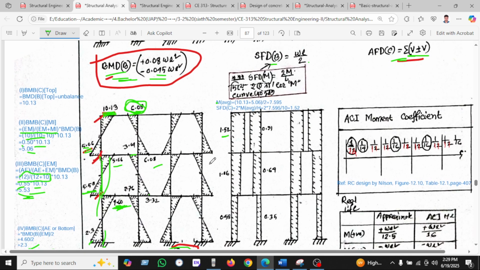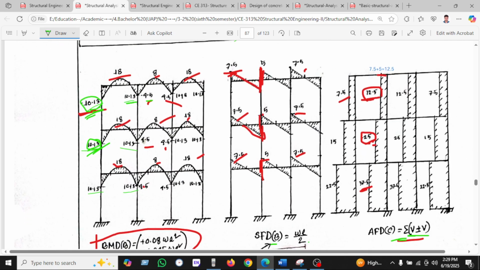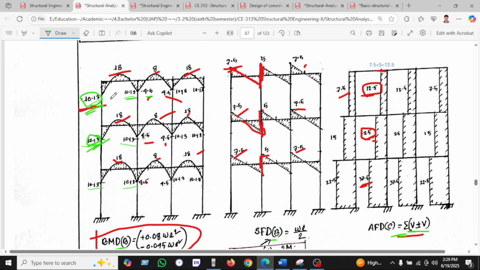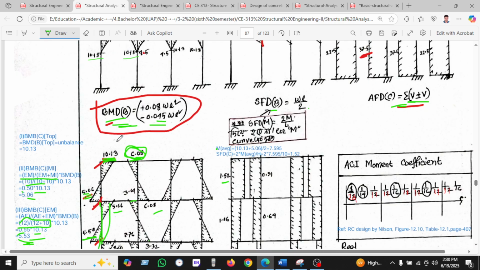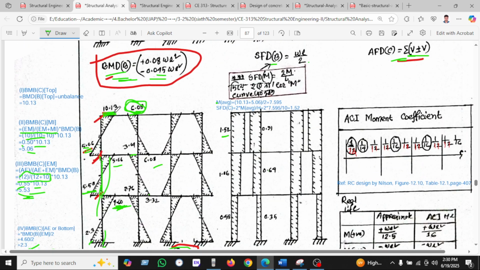And after getting this value, the diagram will be like this. Why? Because it depends on this value. As you can see, this value is on the left side, that's why the diagram will be like this, inclined from right to left.